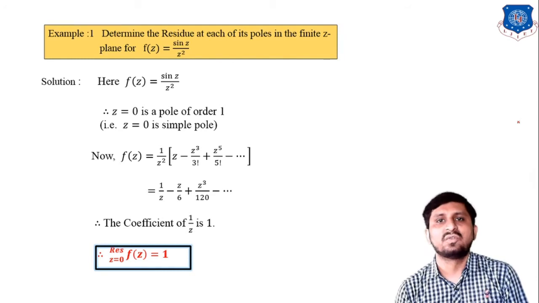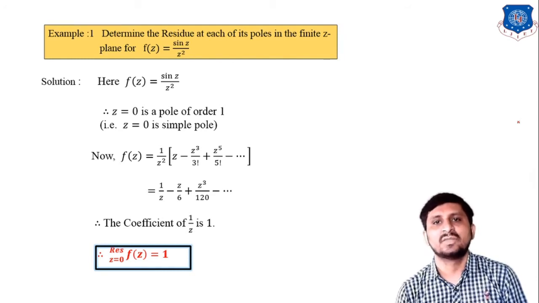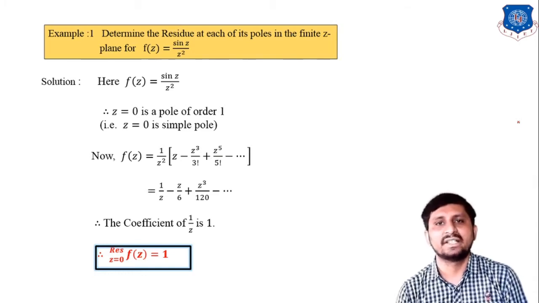So to find the residue, there are some other formulas, and using that residue we can find the value of the integration of f of z. That topic we will see later on, but first just try to understand the concept of residue using this example.